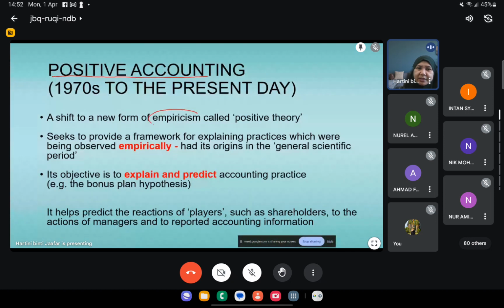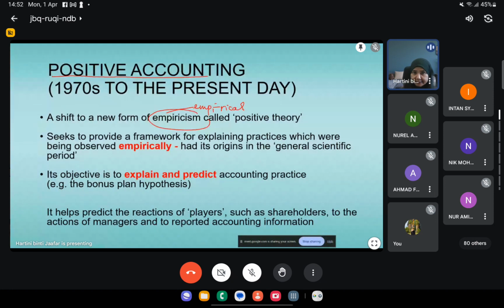Empiricism, difficult to pronounce. Empiricism has the root word empirical, as mentioned. Empirical means based on scientific evidence, based on financial modelling, based on statistical data. So at that time it was called empiricism or positive theory, whereby all these people come together.